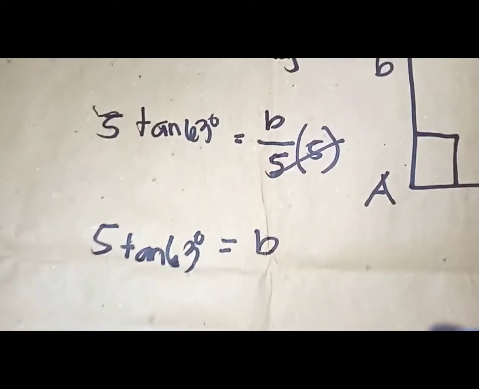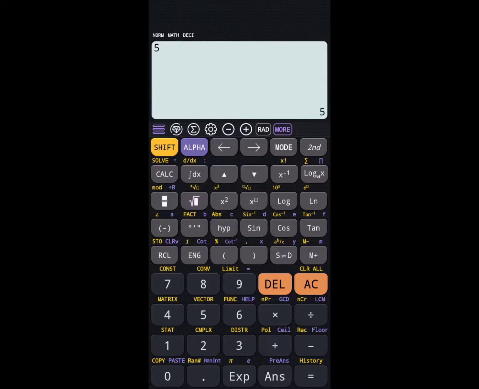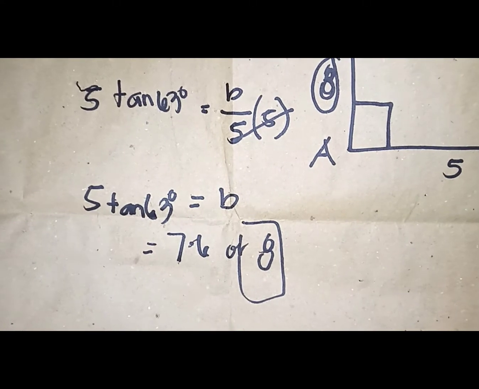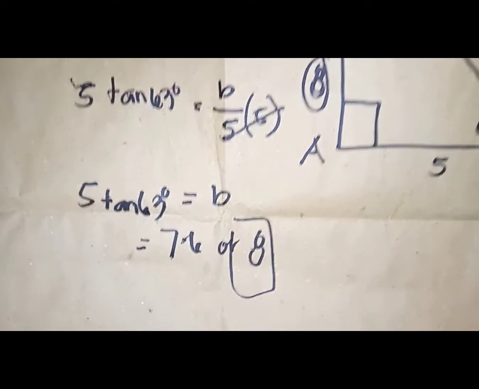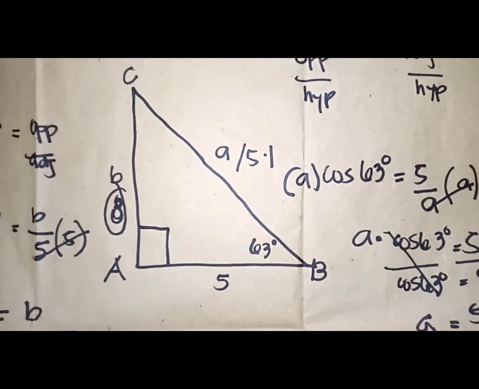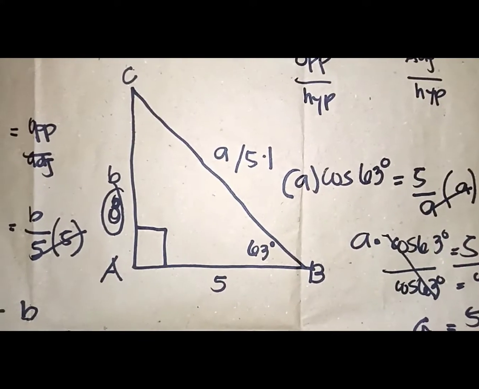Then use the calculator to find the answer. The answer of 5 tangent 63 degrees is equal to 7.6 or 8. So the sides of the right triangle are now given. B is equal to 8, C is equal to 5, and A is equal to 5.1.